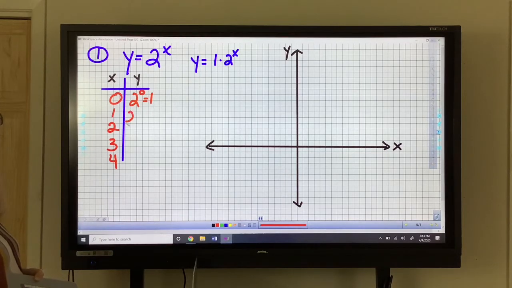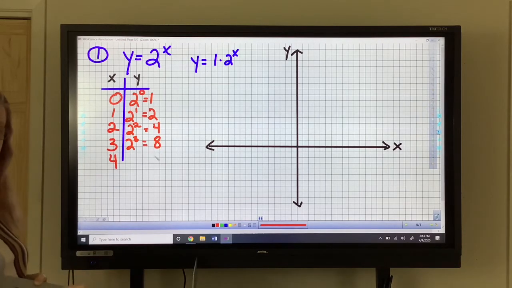And then 2 to the first power is just 2. 2 to the second power is 2 times 2, which is 4. 2 to the third power is 8. 2 times 2 is 4, times 2 is 8. And then 2 to the fourth power is going to equal 16.